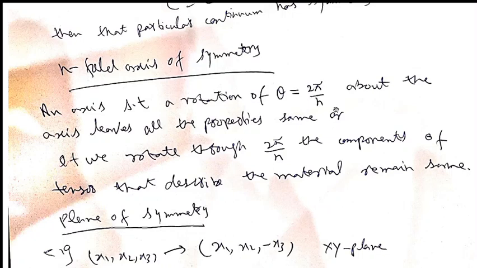Let us take an axis and rotate about that axis with the angle 2π/n. If the properties of the tensor which represents the material do not change, then we say that the material has this type of n-fold axis of symmetry, that we rotate about that axis with this angle.